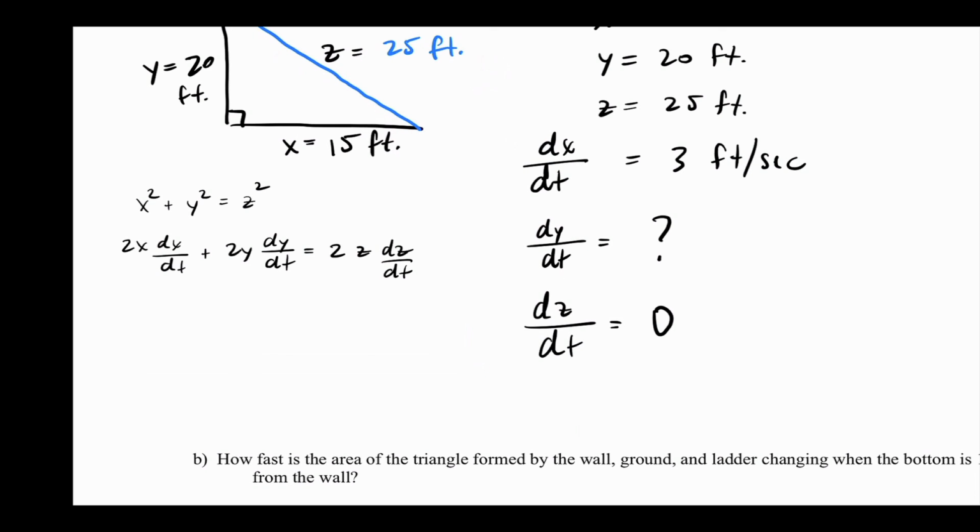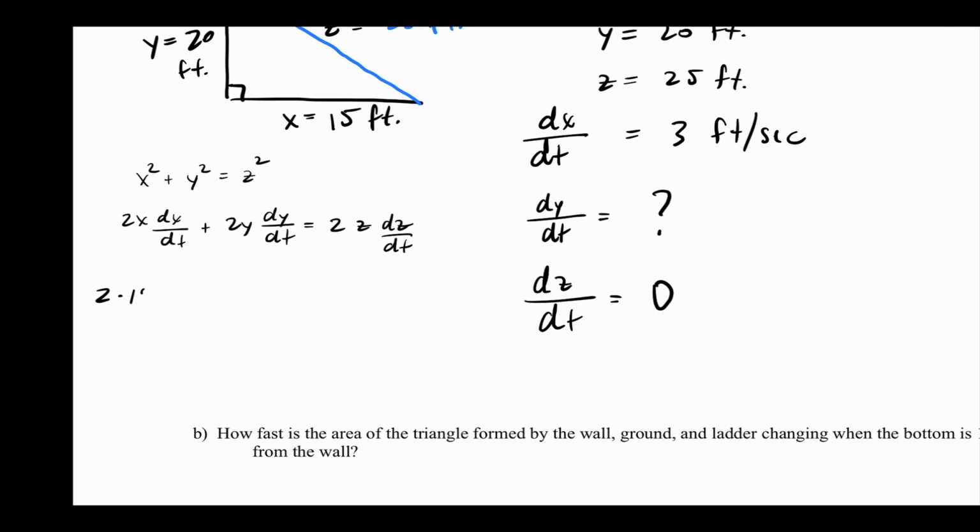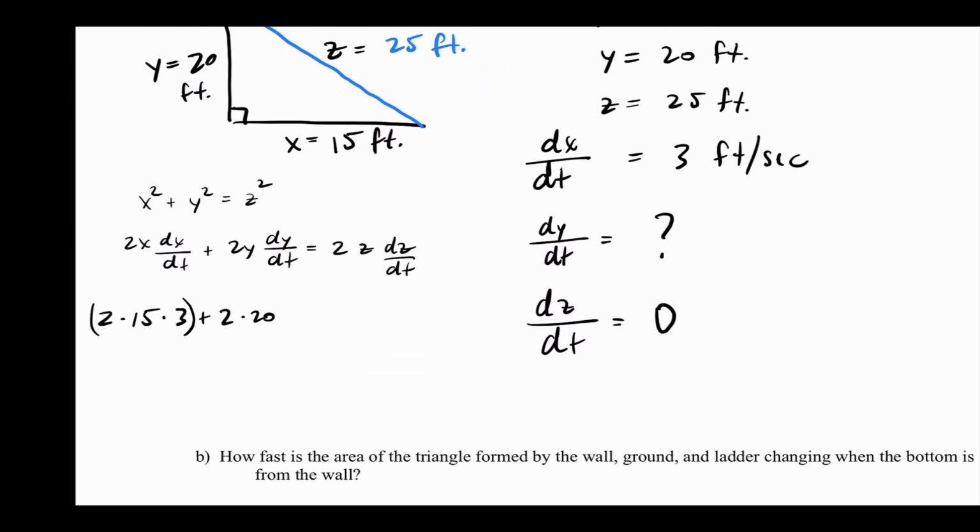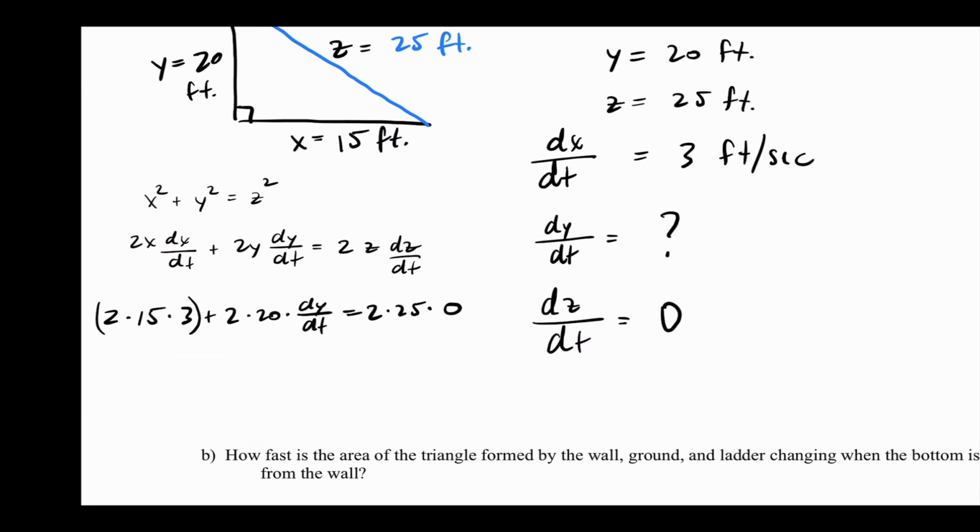So let's see. We know 2 times x. X is 15. Dx dt is 3, plus 2 times y, 20, dy dt, we don't know, plus 2 times z times dz dt, which was 0, right?